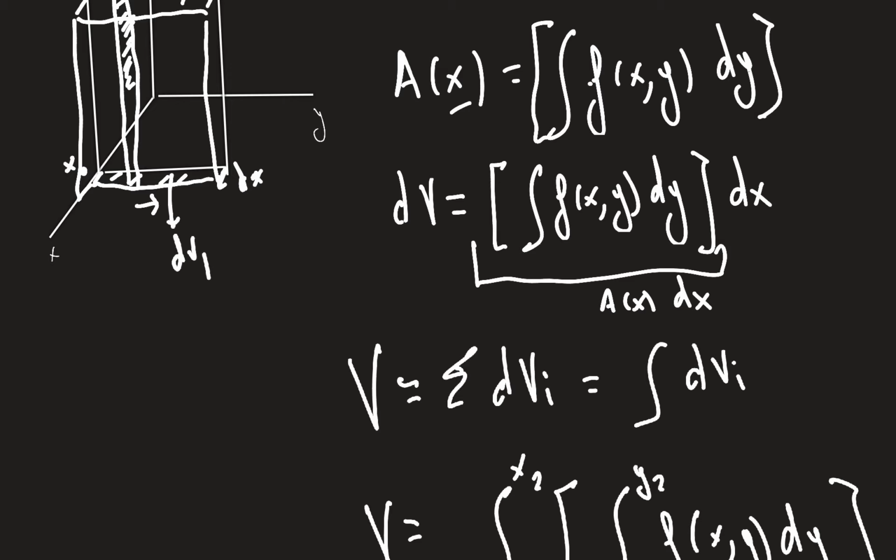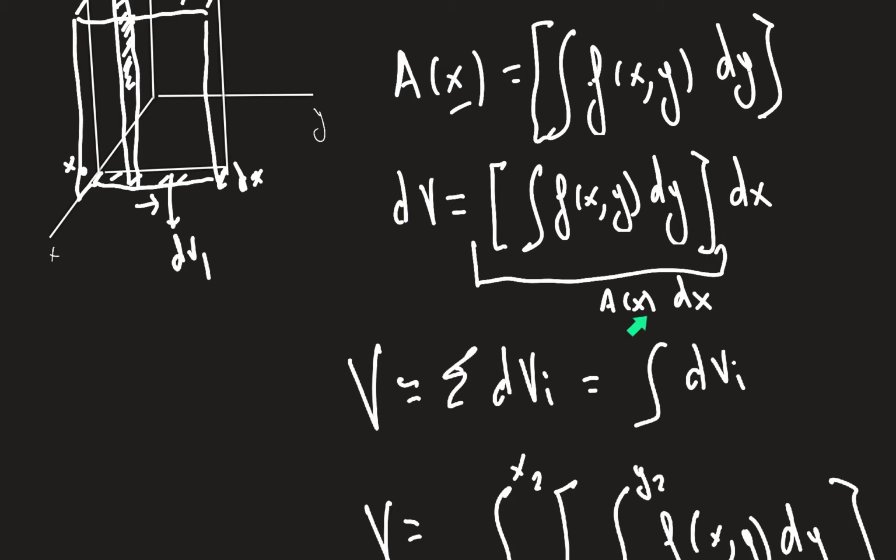So the total volume is the sum of all the small volumes dV. When I'm moving in the x direction, I'm covering the whole volume. And one small volume is the area that exists at the position x times dx.